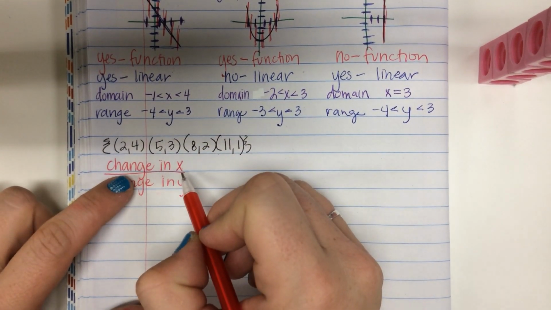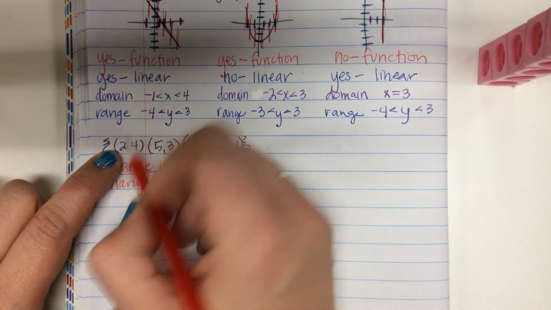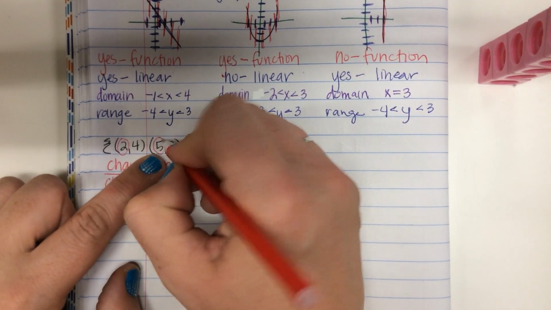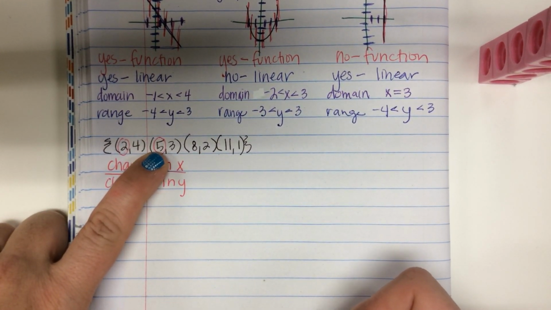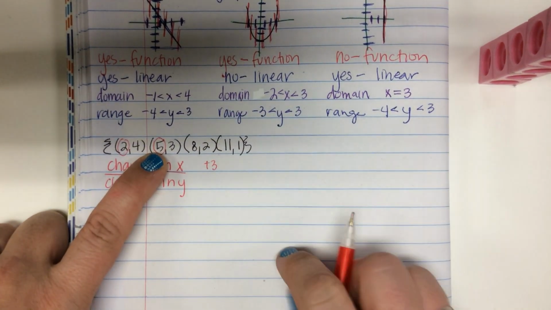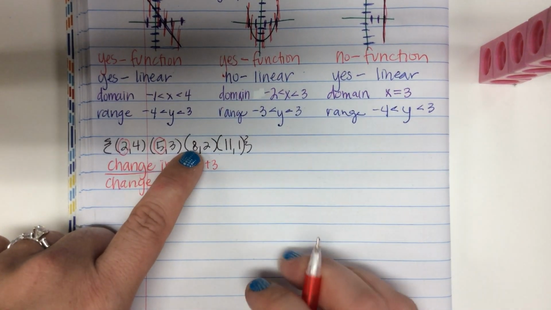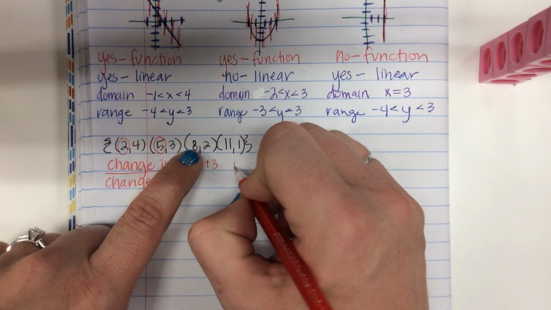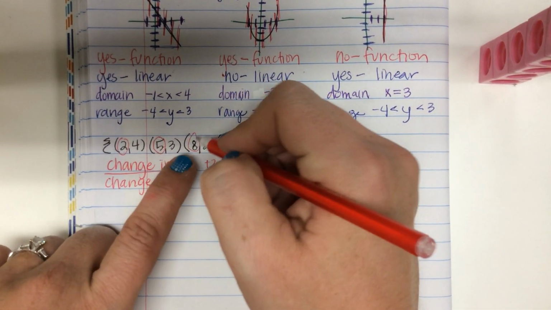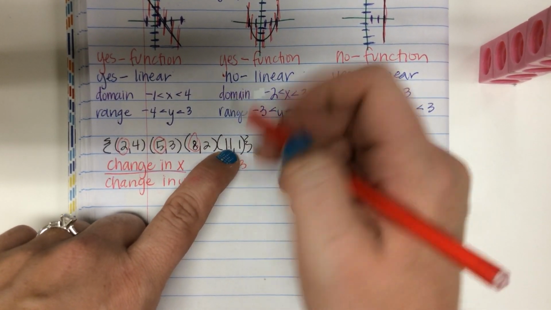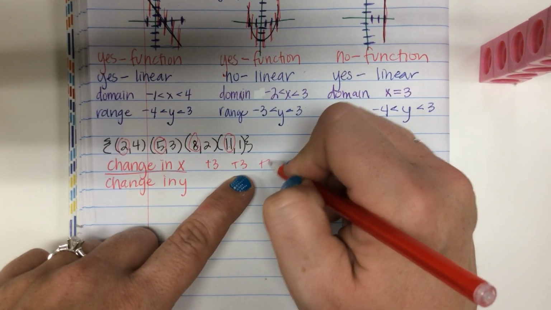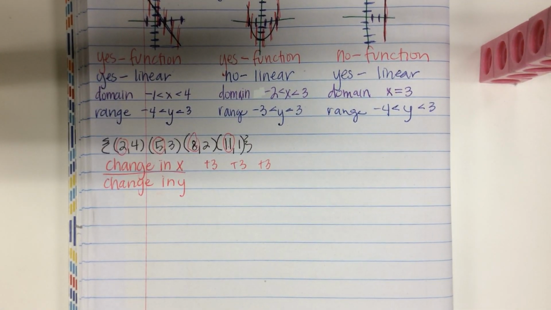So let's test it. The change in x from 2 to 5, what happens? Plus 3. Now let's check the next change in x. From 5 to 8, what happens? Plus 3. And from 8 to 11, what happens? Plus 3. So that's the same. Let's try the change in y now.